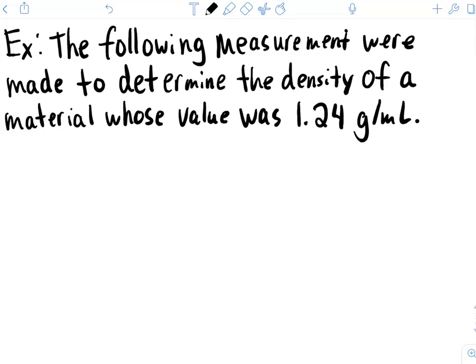The following measurements were made to determine the density of a material whose value was 1.24 grams per milliliter.